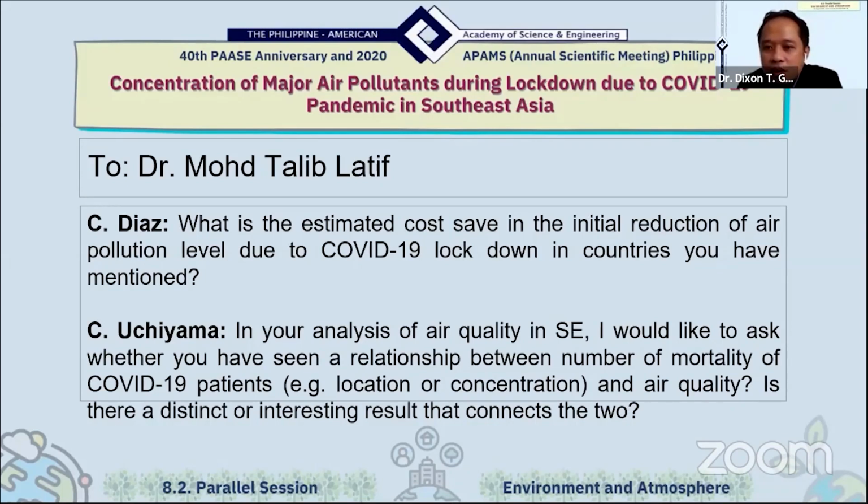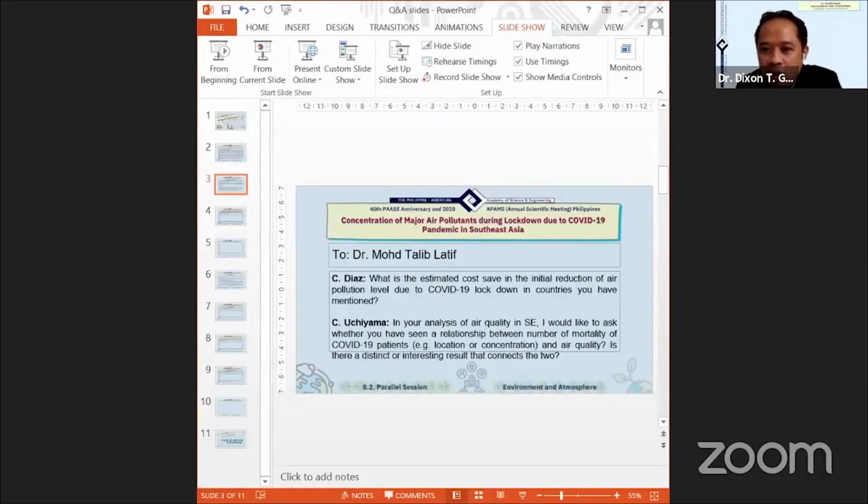Can we go back to that first question? The other RCPs beyond 2.6 seem to result in significant temperature increase, up to 6 degrees.